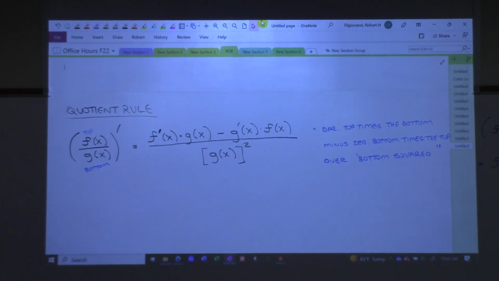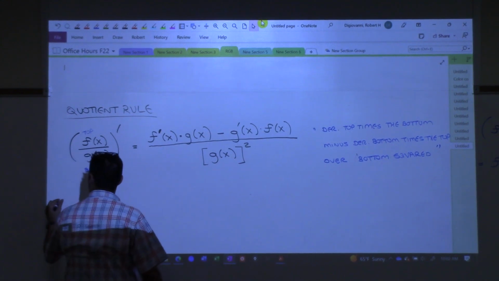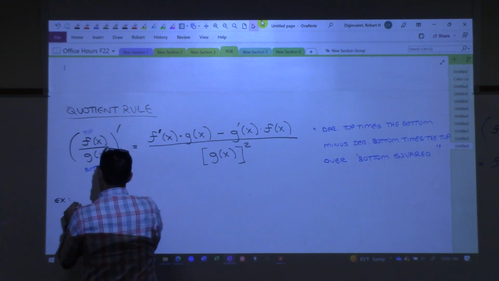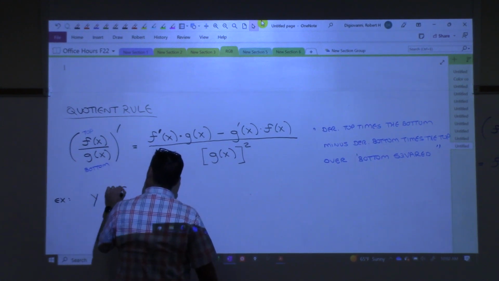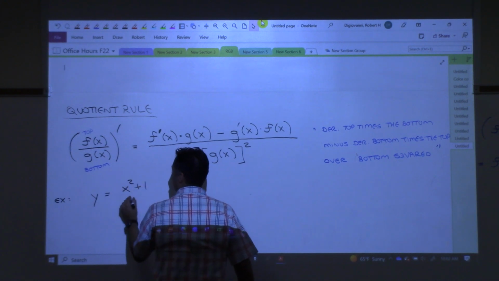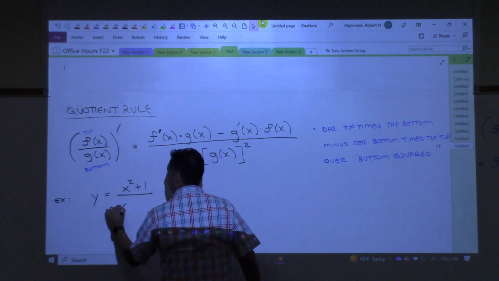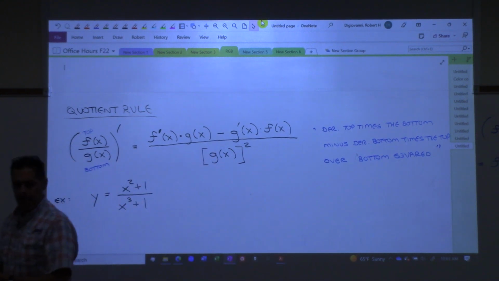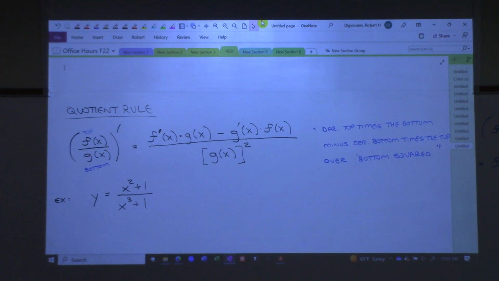All right, here's an example. Let's start with y equals x squared plus 1 over x cubed plus 1. That is a quotient, right?